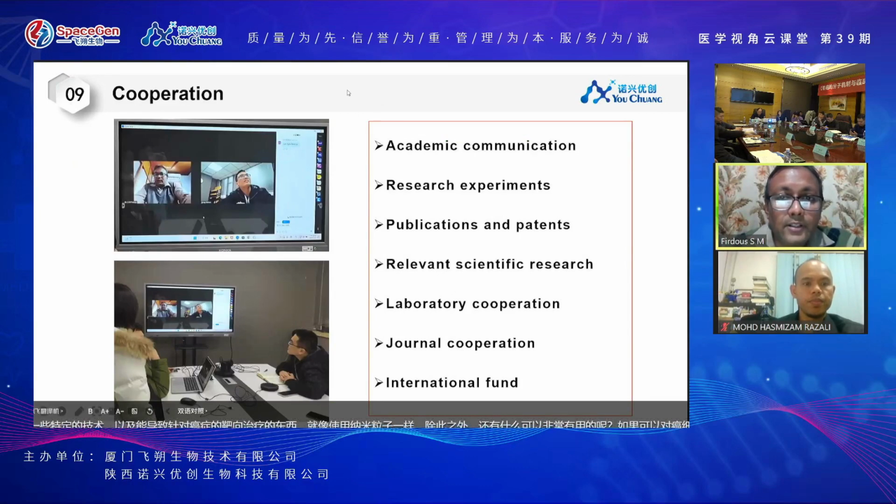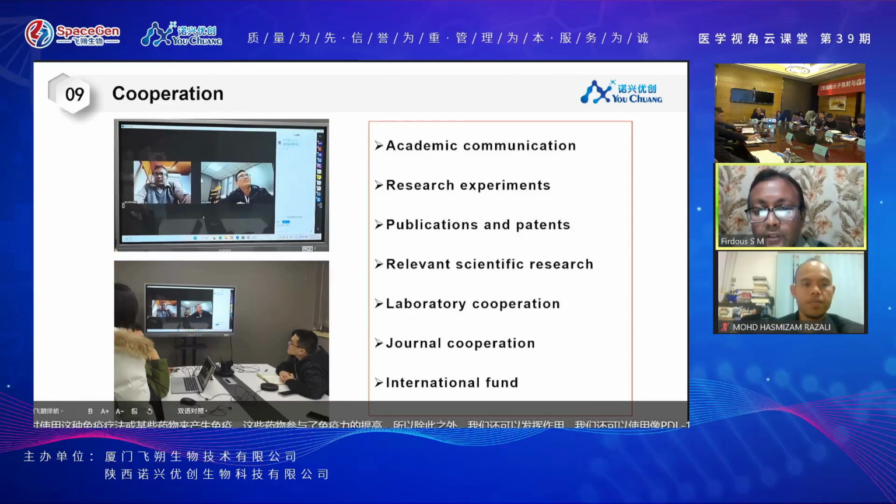So academic operations can be done, and the research experiments, we generally have very good laboratory facilities and all. So over there, the research experiments can be carried out, and in collaborations, publications, and patents, as we are also in patents.